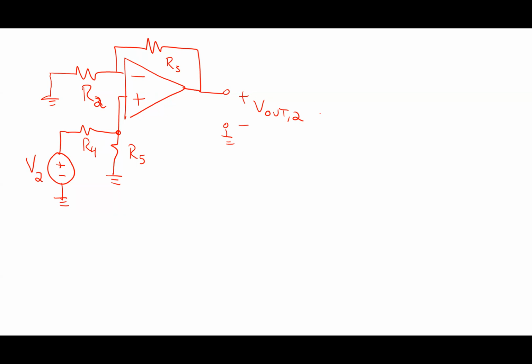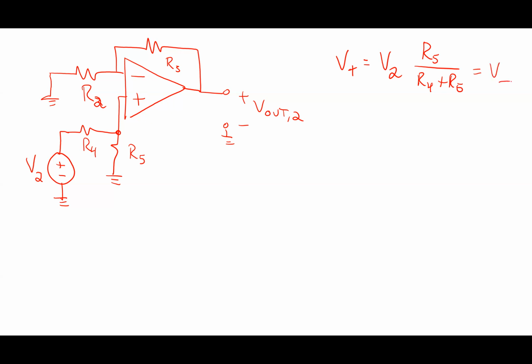Yep, I do voltage division at V plus. Perfect. So V plus is V2 times R5 over R4 plus R5. Like that. Now, what's that equal to?